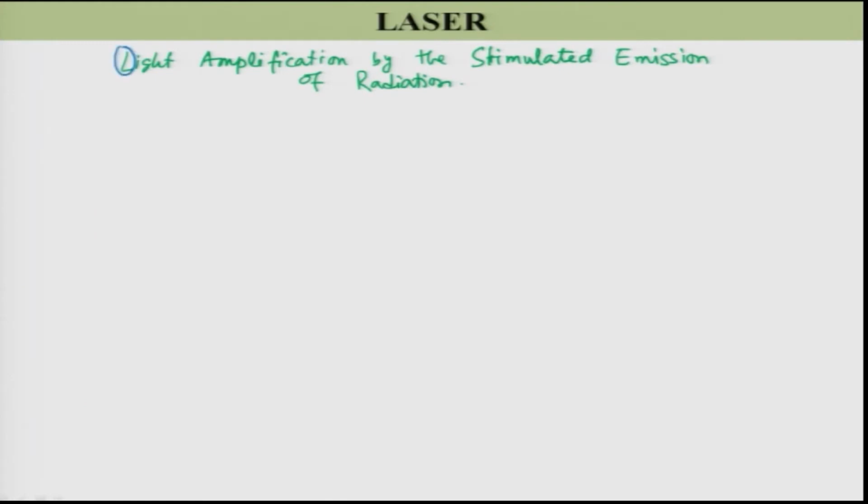So, I have this L, A, S, E, R, that is what it is called laser. Laser light has some unique properties compared to the conventional light source. Conventional light sources means your tungsten lamp, your xenon lamp, your normal fluorescence tube light, CFL, LED bulb, right. Those are light sources, but laser light has some unique properties compared to such conventional light sources. What are the properties?